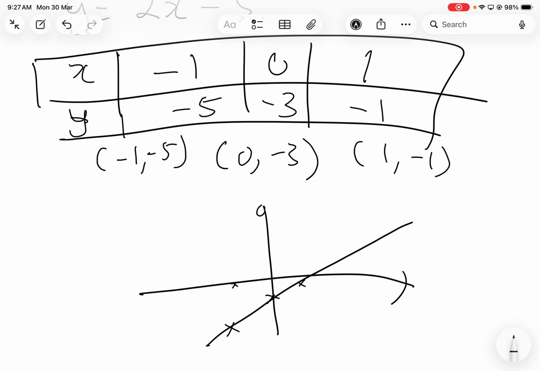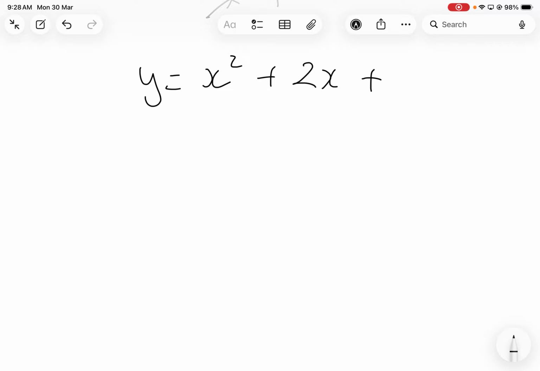Then you plot your straight line. Remember? Okay? So now, what you all will be asked to do is actually the same one. Let's say I have y equals to x squared plus 2x plus 3. You will also be given a table.